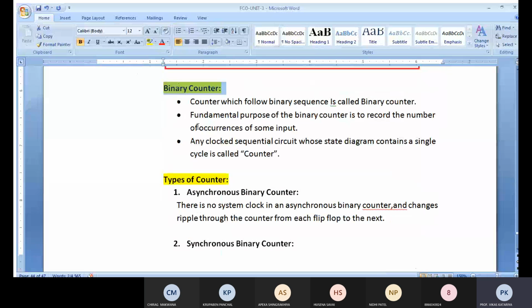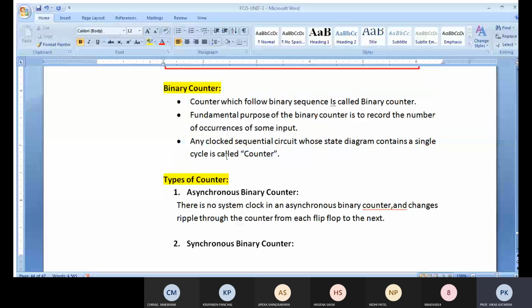Then there is another type of counter which is called a binary counter. Basically, most counters are designed in the binary way, but it's okay. There are certain sequences which can be generated by a counter. It may be decimal numbers. There are other types of counters which generate only binary sequences, and we provide the sequences that you have to generate. A counter which follows the binary sequence is called a binary counter.